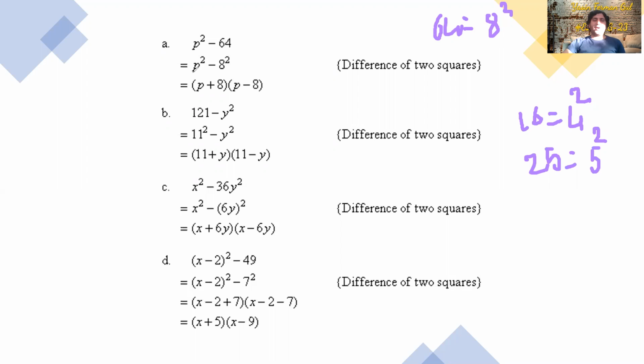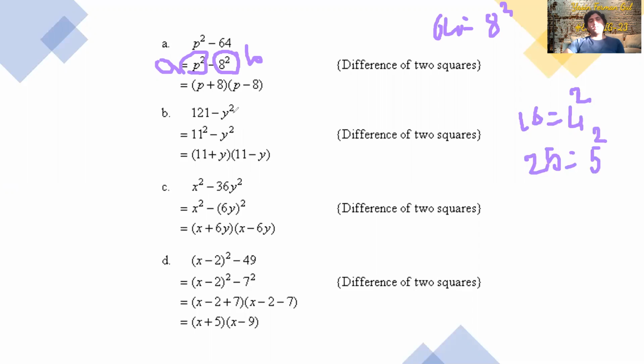Then if I call this here a, and this second term I'll call b. a plus b times a minus b. p plus 8 times p minus 8. Right, so that is going to be the answer. The next one is here, 121 minus y squared.